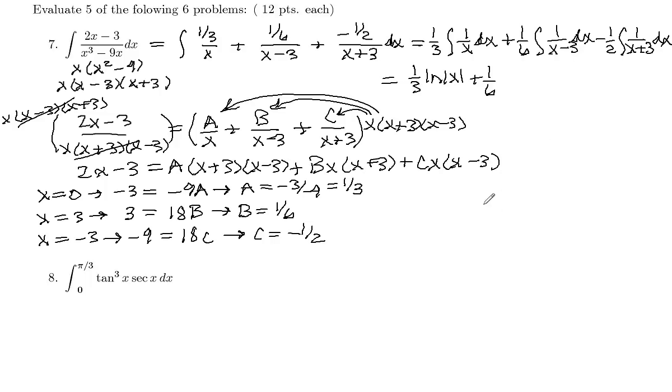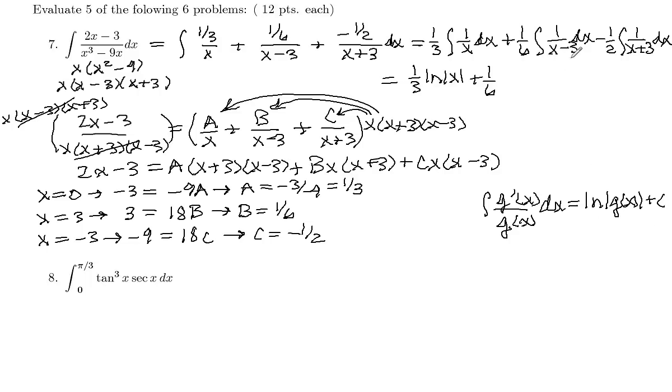And remember that if you integrate g prime of x over g of x, the derivative of the function over the function with respect to x, you get the natural log of the absolute value of that bottom function, g of x, plus a constant, because it's an indefinite integral.